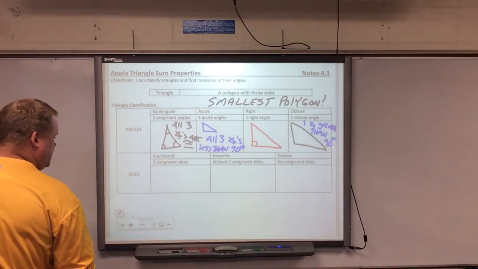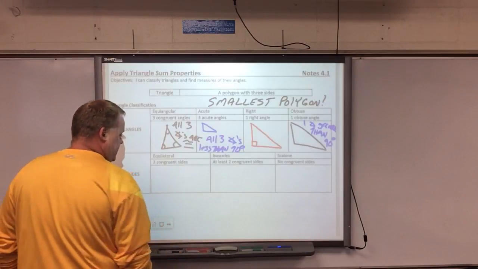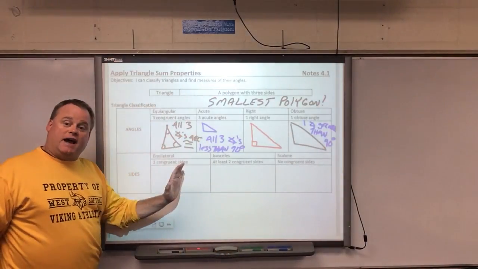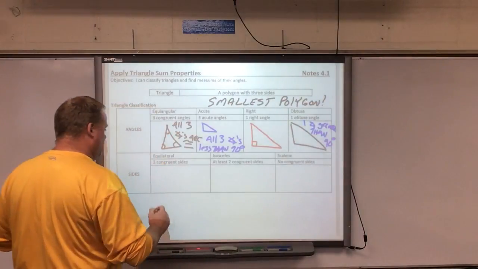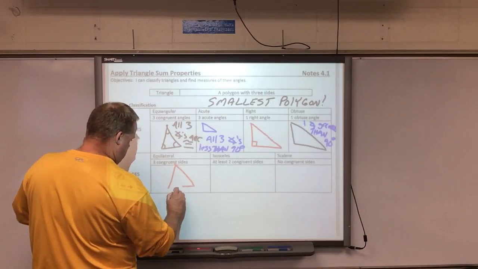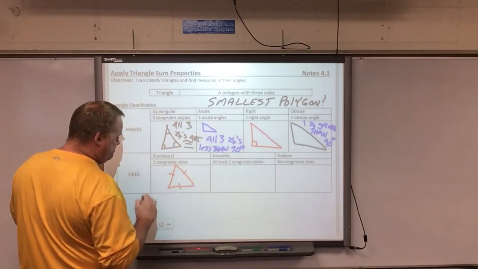All right, let's talk about the sides. Equilateral basically says that all three sides are congruent, which means all three sides are equal. So you would have a triangle like this, and you would see these little tick marks.